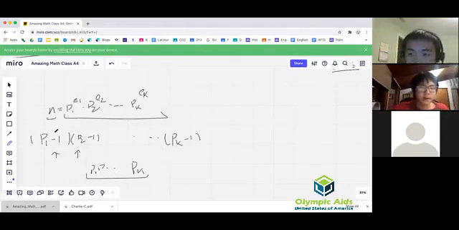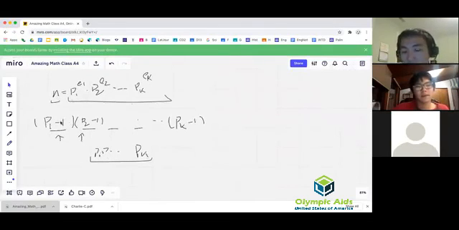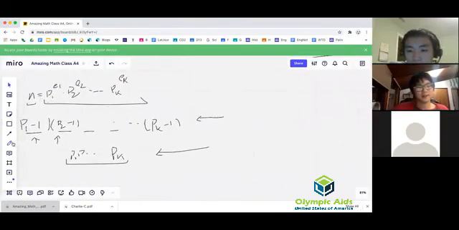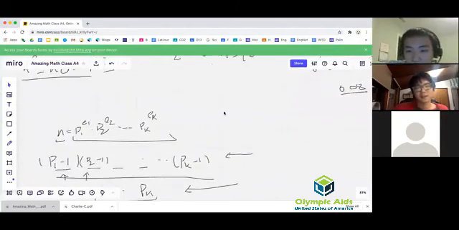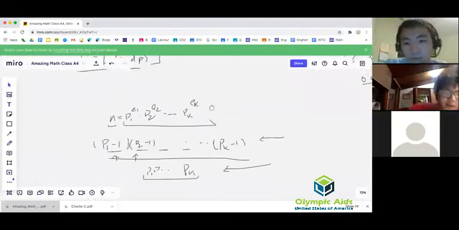So you can go through all the residues here and multiply them because you choose one from each, right? That's how this works. And then there's this many residues mod this thing that work. So it's just n times the fraction. I don't think that's rigorous, but that's basically the idea if you use the Chinese remainder theorem.